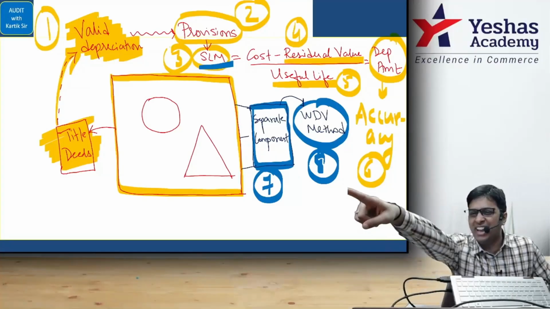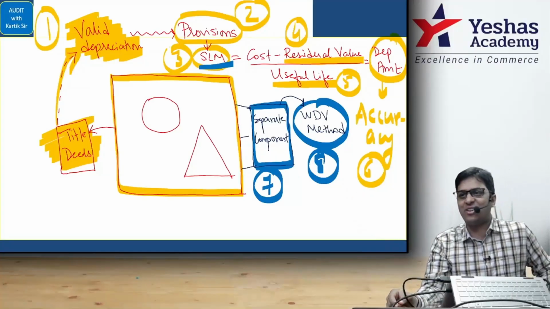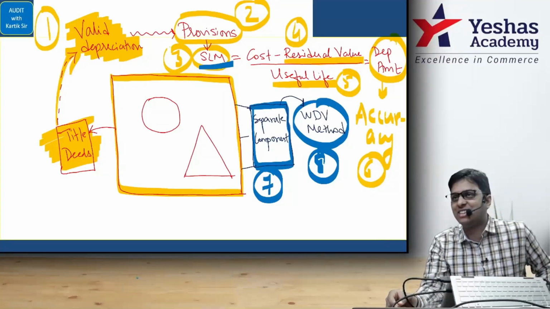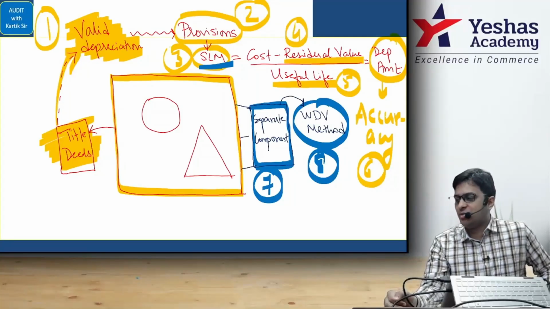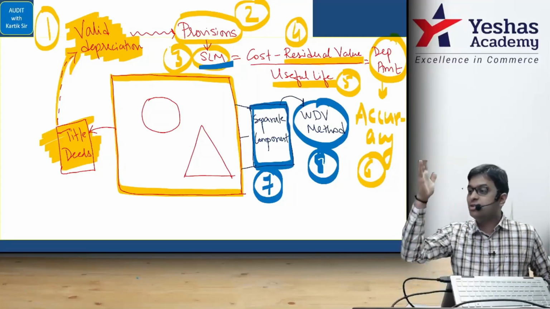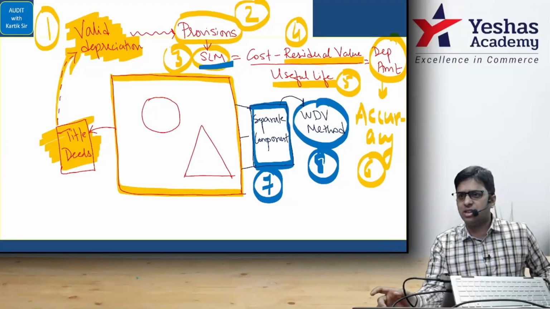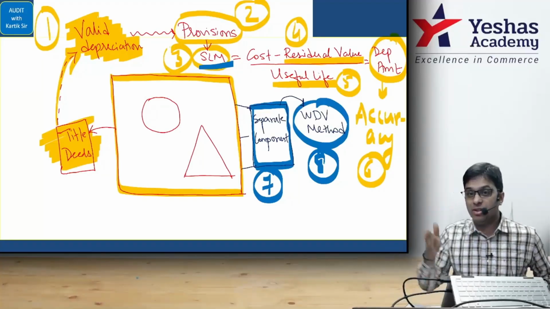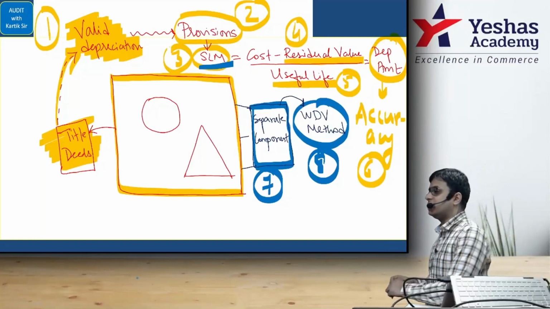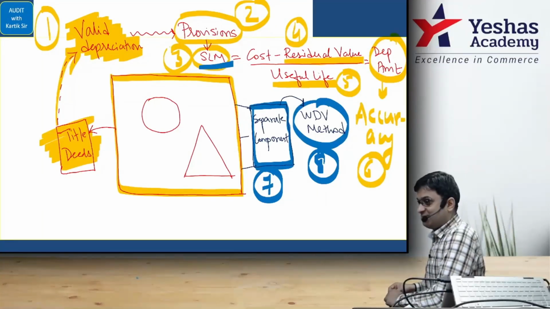CARO clause 11, fraud. CARO clause 13, related party transactions. CARO clause 8. CARO clause 14. CARO clause 16, NBFC.